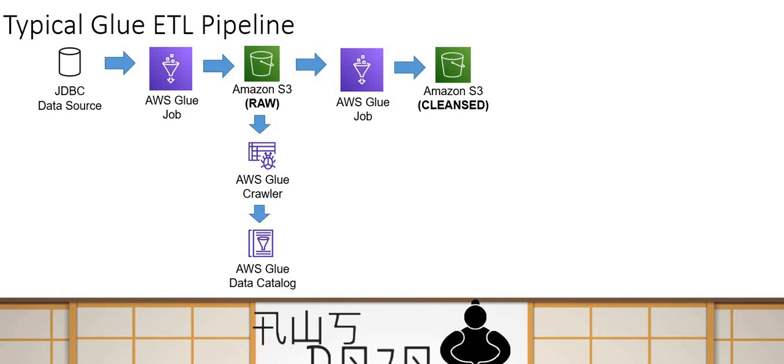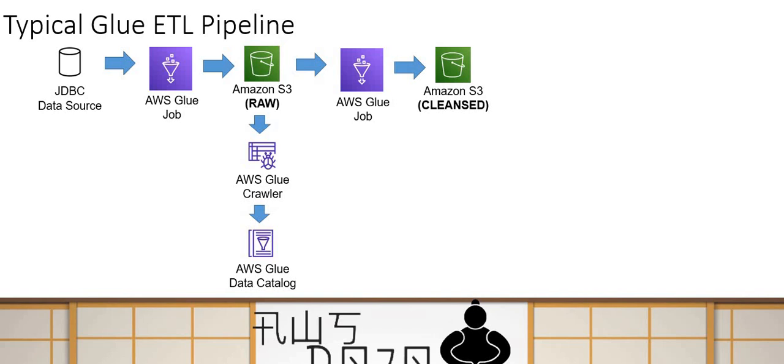Now your cleansing operation could be anything depending on your business need. It could be as simple as standardizing the column names, or standardizing the currency format or date format, or it could be removing duplicate data, anything like that depending on your business need.